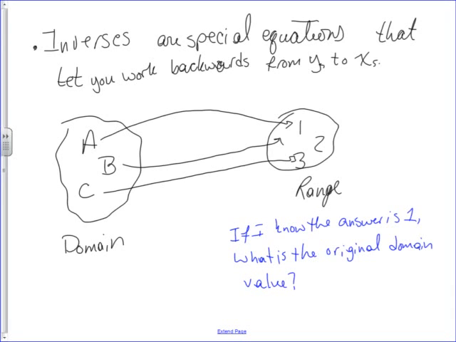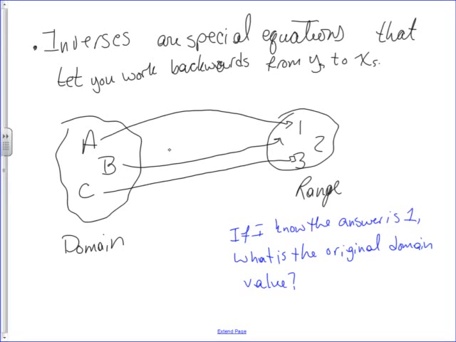If you can answer that and only have one answer, your function has an inverse. But if you answer that and you have two different answers, your function does not have an inverse.